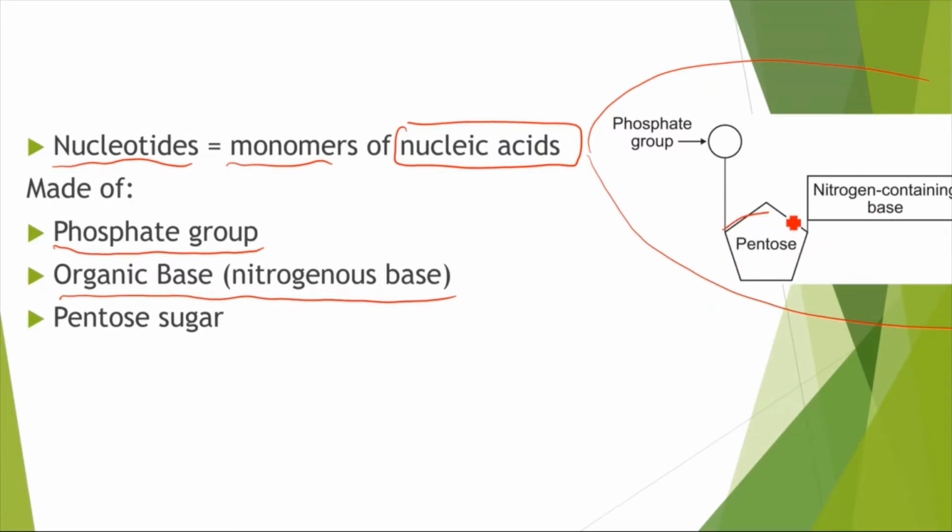It is the pentose sugar which is going to bind to both the phosphate group and the organic base, the nitrogen containing base. The nitrogen containing base will be on the right, attached to this carbon, and the phosphate group will be on the left, attached to this carbon.